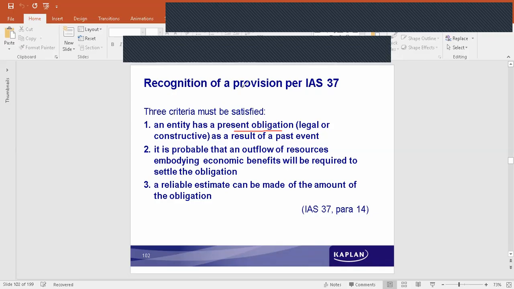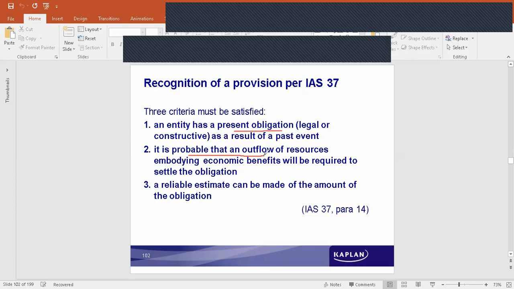Recognition of a provision. The 3 points that are to be considered. First one, an entity has a present obligation as a result of a past event. Second, it is probable that an outflow of resources embodying economic benefits will be required to settle the obligation. So it is a possibility. It is not sure what the outflow would be. It is a possibility that there would be some outflow on account of some transaction that has to be settled.